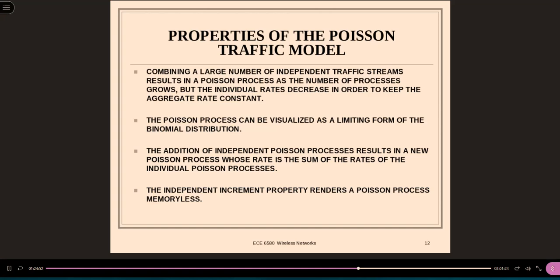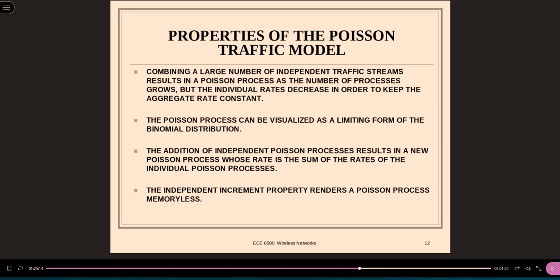They may be sending data, they may be sending email, they may be sending voice communications, but the point is that you aggregate a large number of traffic streams at one of these particular hotspots. And you can again show that this comes down to a Poisson process in the end.